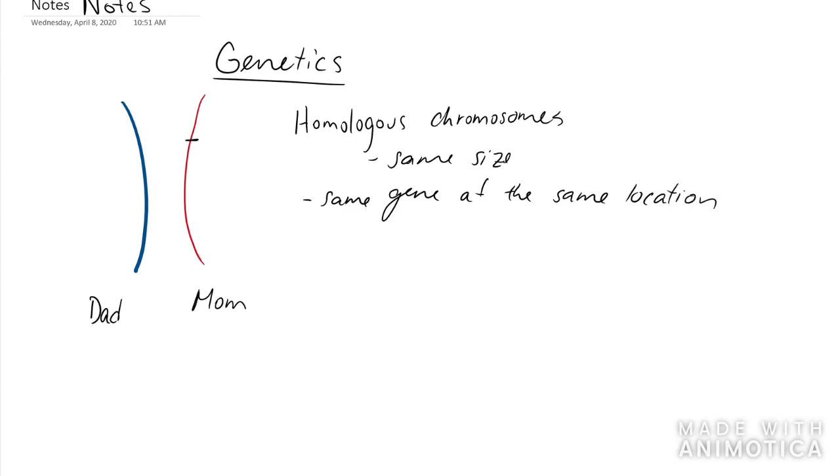So say the gene for eye color is here, it's going to be exactly at the same spot on the other one. But just because it has the same gene doesn't mean that it'll show the same thing. One parent might have blue eyes, the other one might have brown eyes. These variations of the same gene are called alleles.